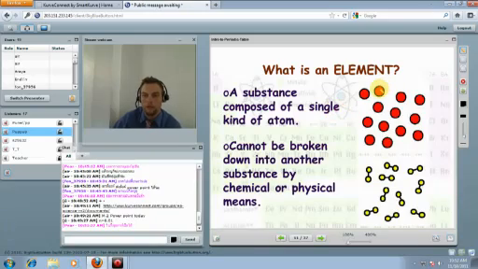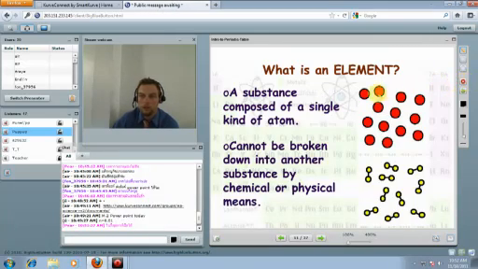So what is an element? An element is simply a substance composed of a single kind of atom. So this could be hydrogen or helium or potassium.